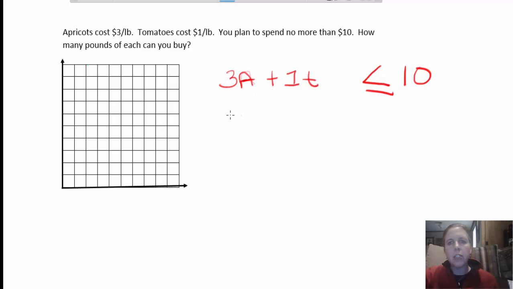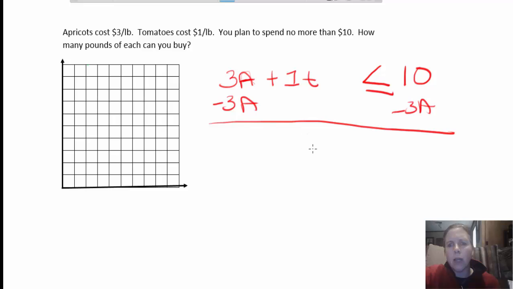Okay? So now we have to just solve for A, or T. You could solve for either one. Doesn't matter at this point. Okay, so let's just solve for T because that'll make it just one step. So subtract 3A.